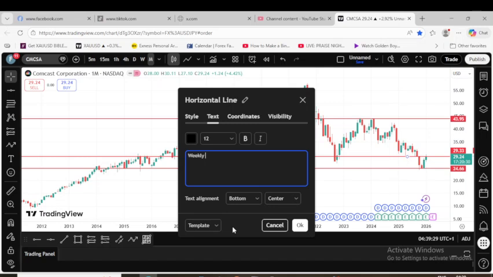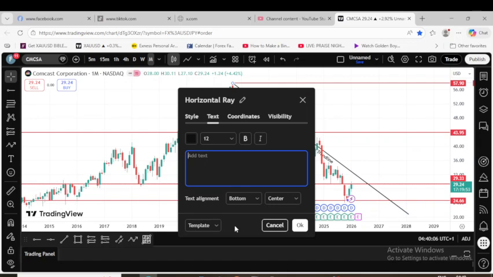This will be my monthly trend line. And then this will be my all-time high, the highest point that price has gotten to.